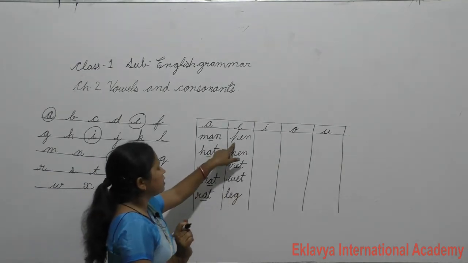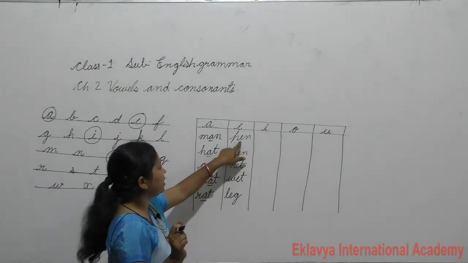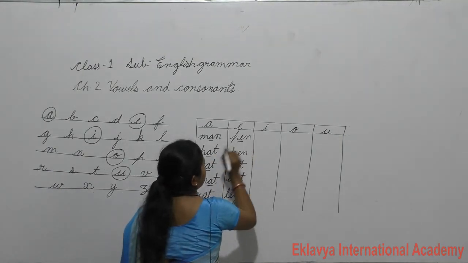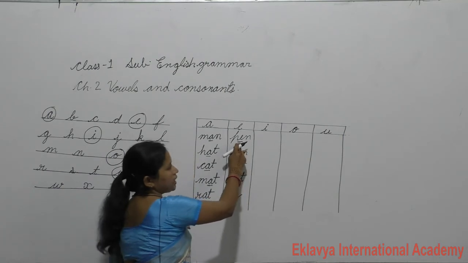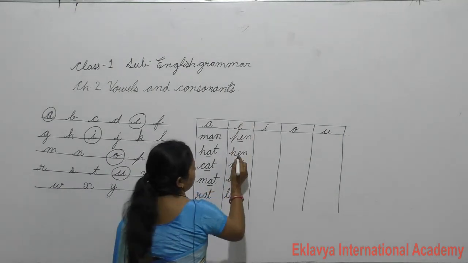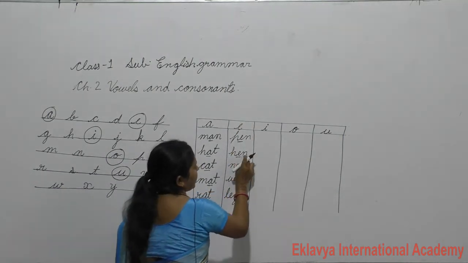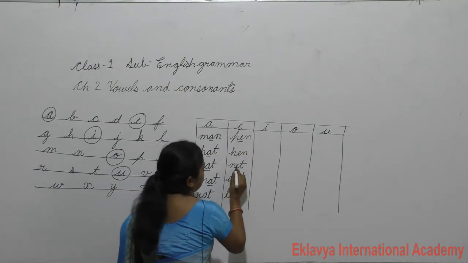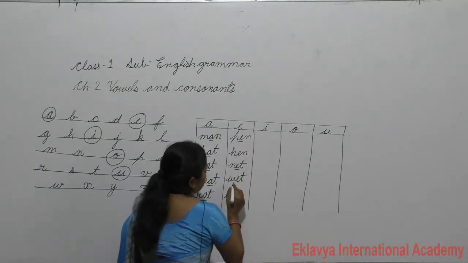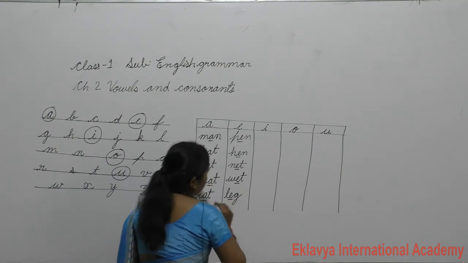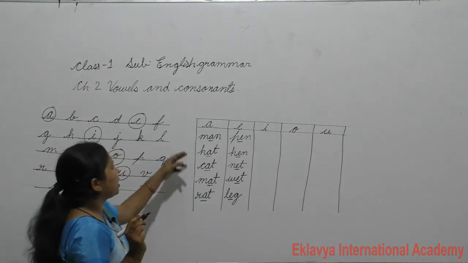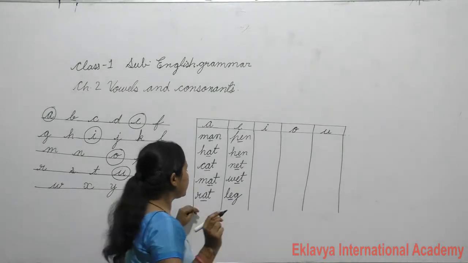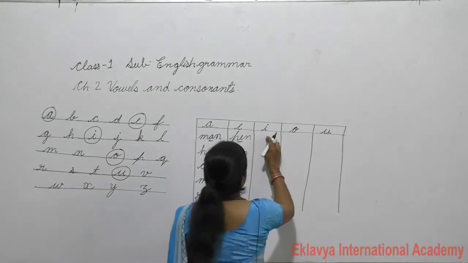Okay, notice the middle letters are vowels. P-E-N, E; the letter E is a vowel. H-E-N, E; the letter E is a vowel. We call these A sound words and E sound words. Understand this? Next is I.